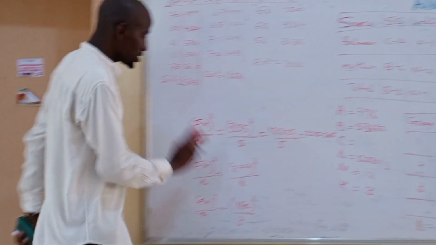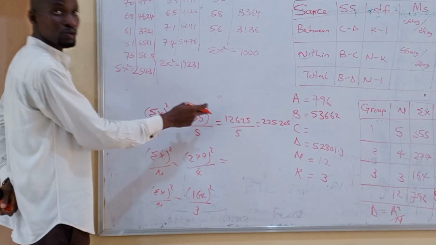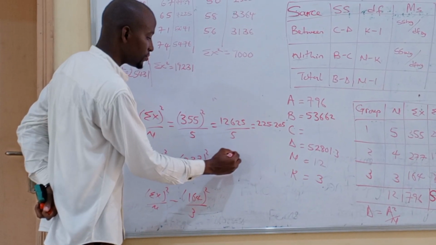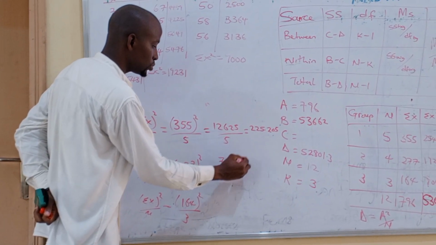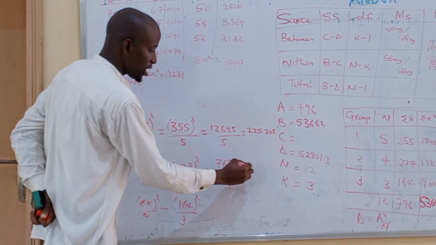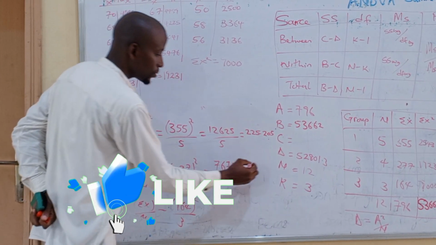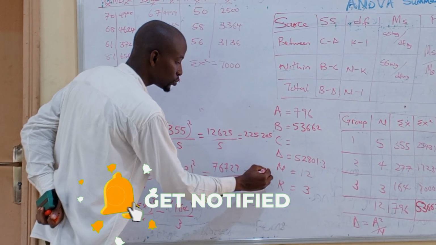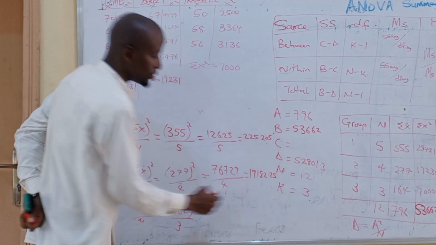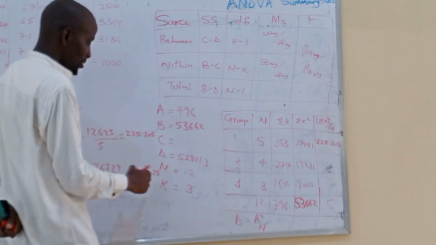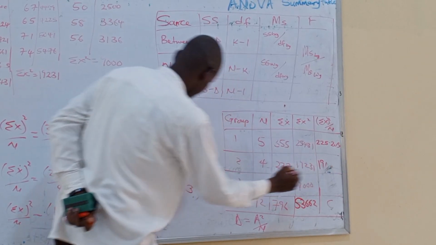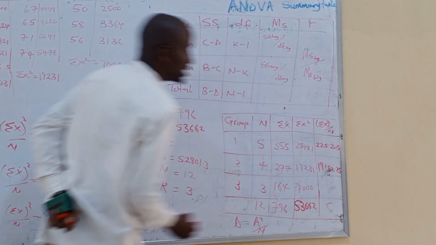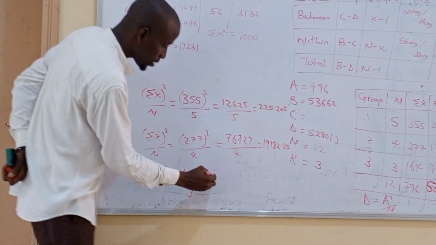We'll go for the next one: 277 squared. 277 squared will give us 76729, divided by 4, and that will eventually give us 19182.25. So we rewrite it here as 19182.25.